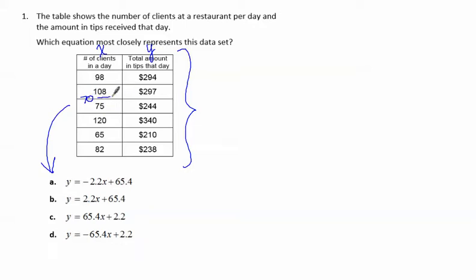So we can't look over to the right and exactly know the amount of tips received for 70, but the equation that we create with this data set, which could be one of these four, can then be used to plug in a 70 in the value of X, solve that part of the equation, and produce the Y value, the output, which we would know corresponds to the tips that they would receive for that day.